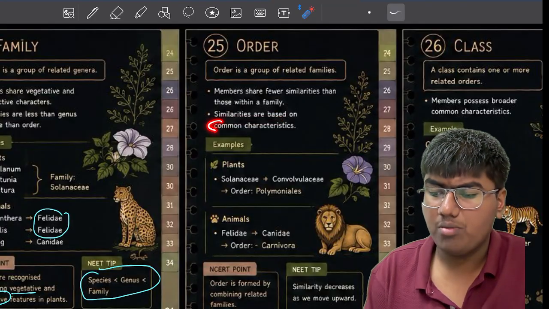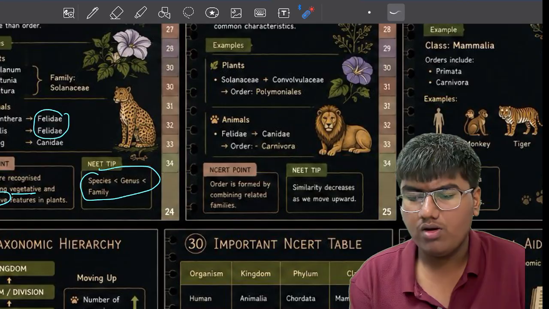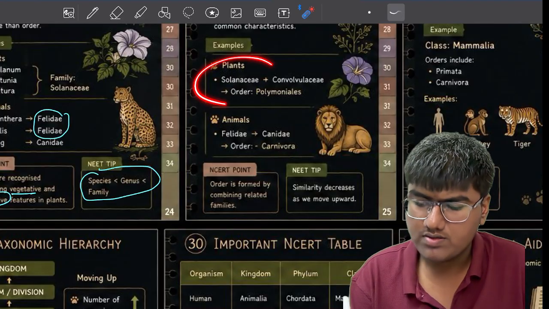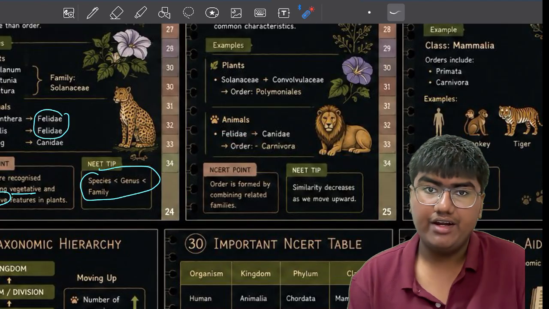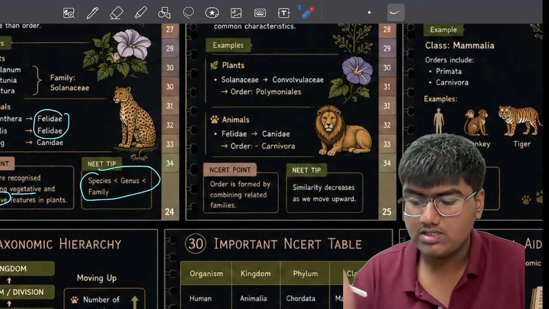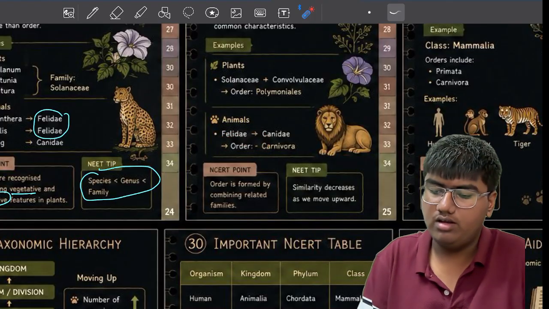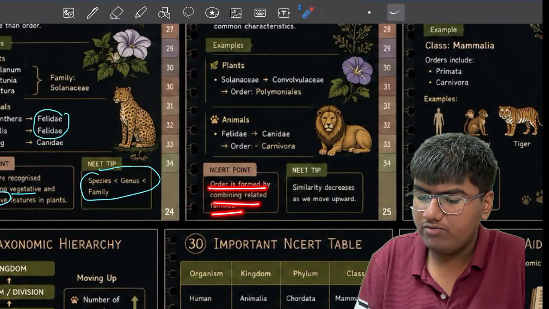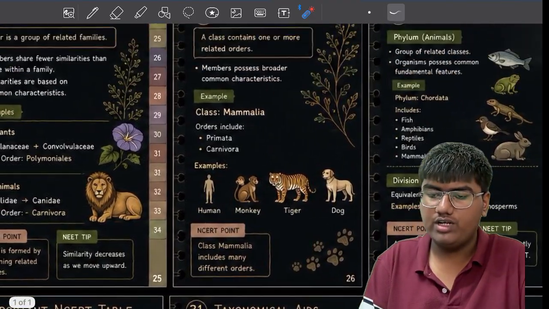Similarities are based on common characters. Plants: Solanaceae, Convolvulaceae, order Polymoniales. Here is a family order. Next, animals: Felidae and Canidae, cat and dog, as we saw, come under order Carnivora along with Panthera here. Order is formed by combining families. Similarity decreases as we move upward, as we have already seen.